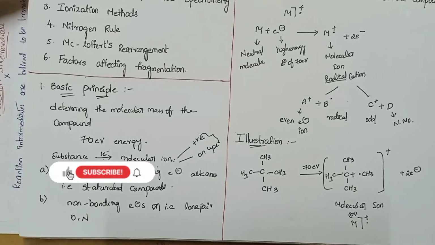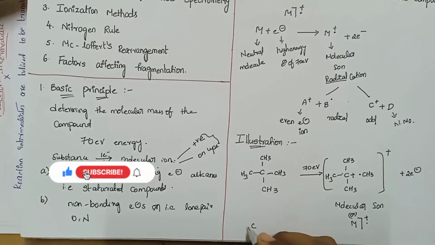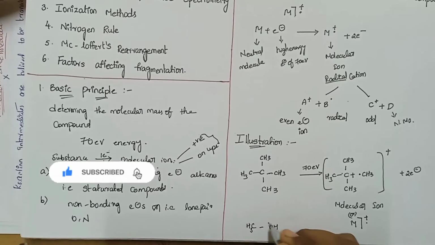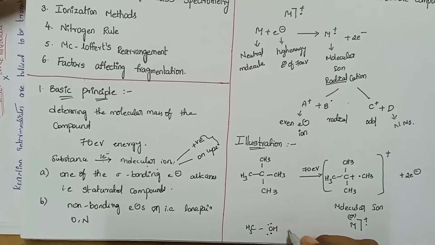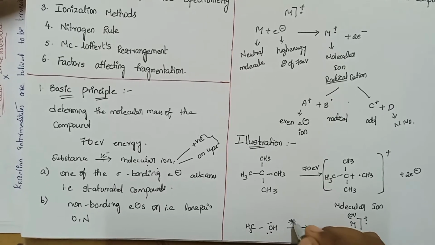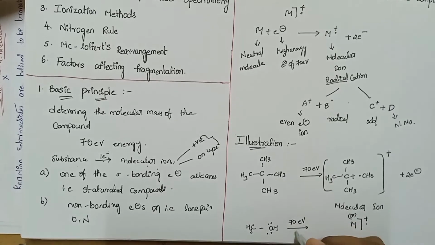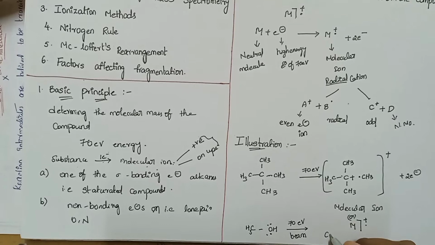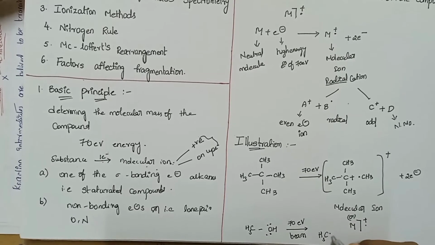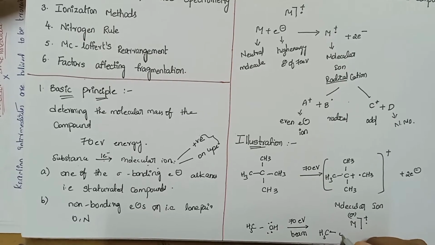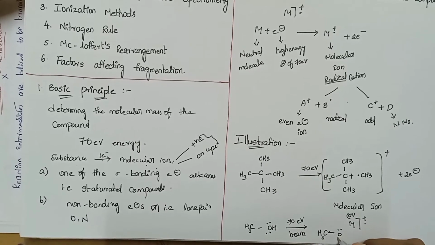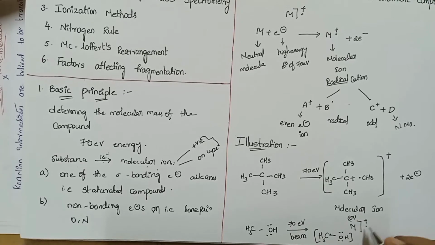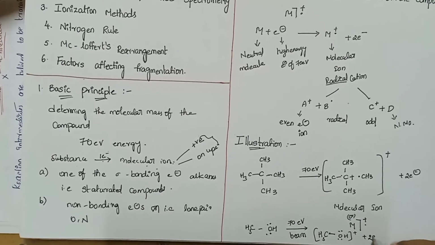So next, CH3OH. Oxygen has lone pairs. A 70 electron volt beam forms CH3-O-H plus radical, plus 2 electrons.